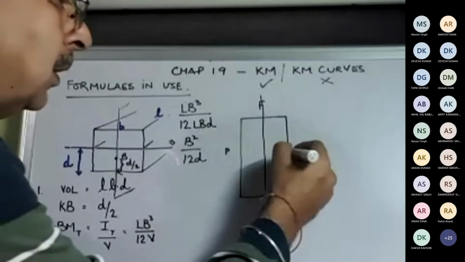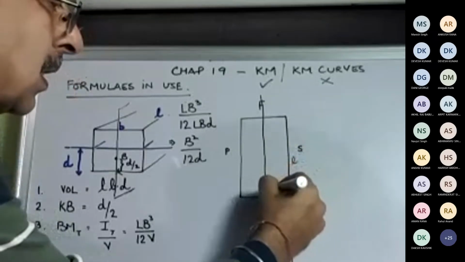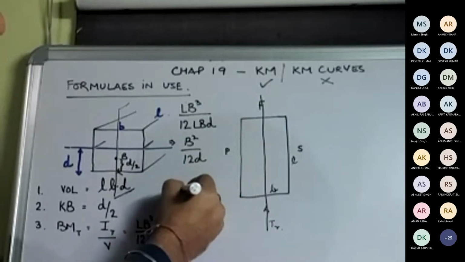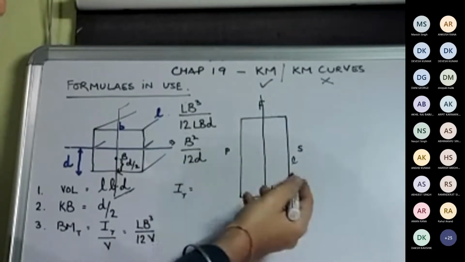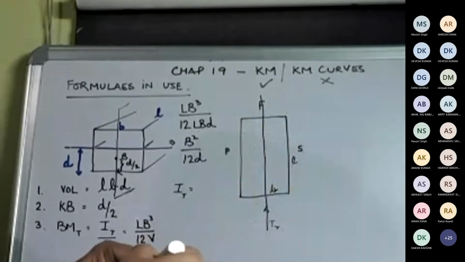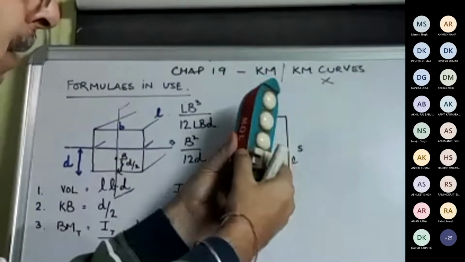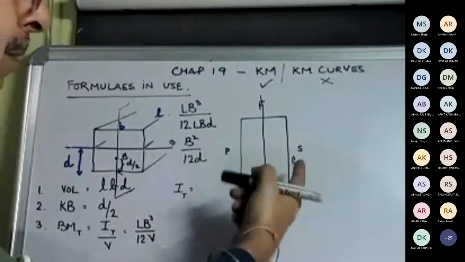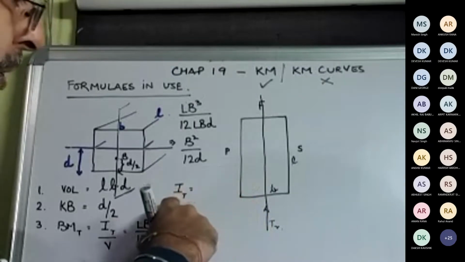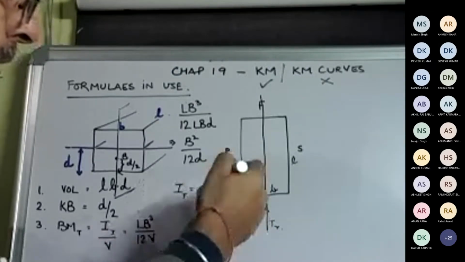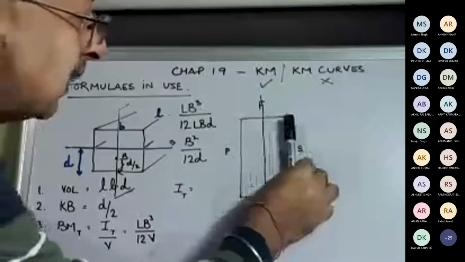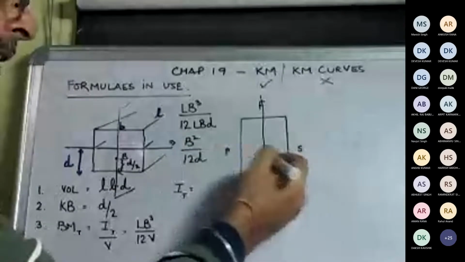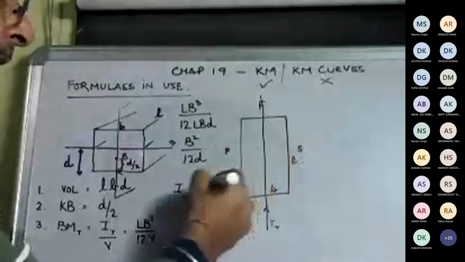So this is the length. This is the breadth. IT, moment of inertia, second moment of water plane area. If I rotate this water plane area twice about this axis, second moment, I will get moment of inertia. The side which is parallel to the axis is powered as 1, which is the length.